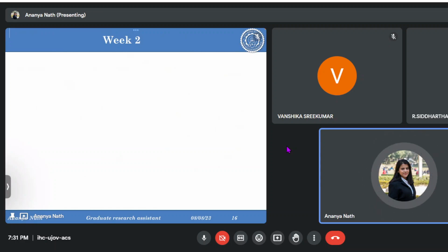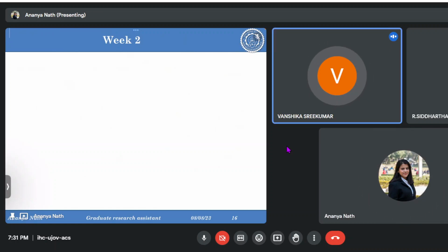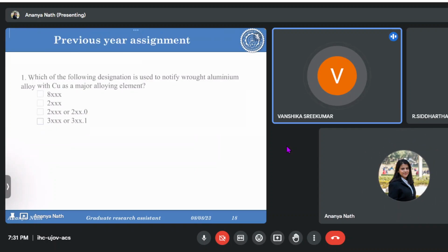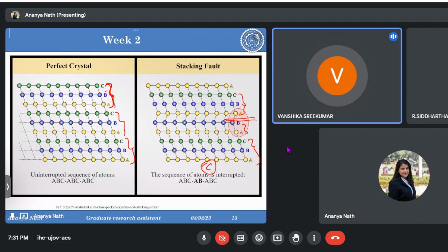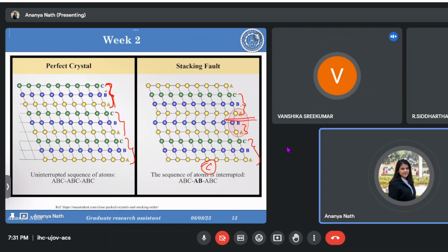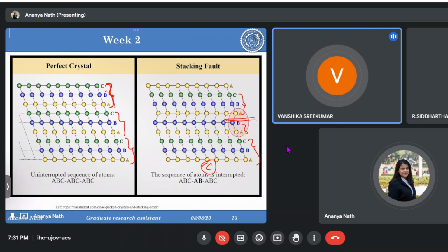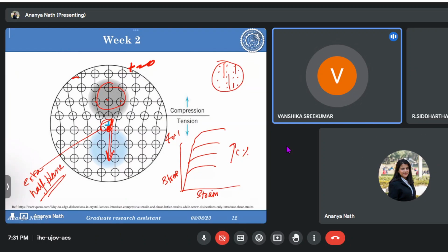Can you brief me about the upper yield point and the lower yield point? Yes, ma'am. I understood that basically these solute atoms are always trying to pin down the dislocation. So when the yield is onset, that's at the upper yield point, because a lot of stress is needed and it's already very close to the dislocation.